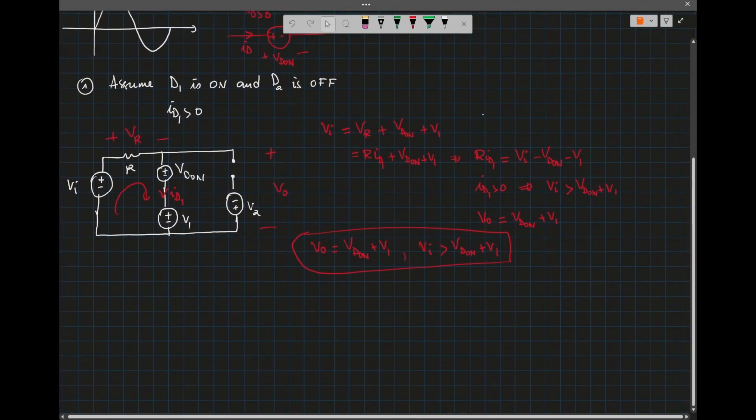Now number 2, we assume that D1 is off and D2 is on. So that means ID2 will be positive.